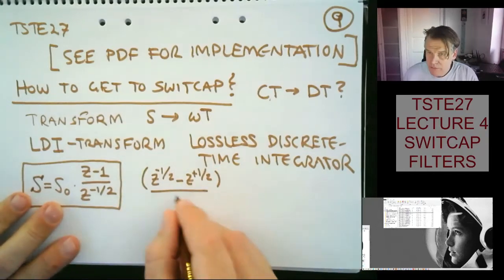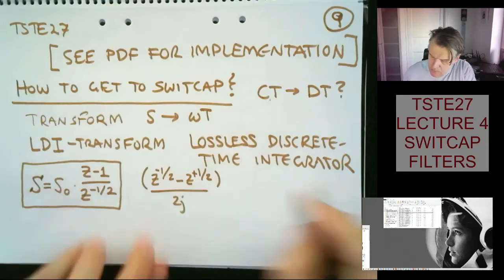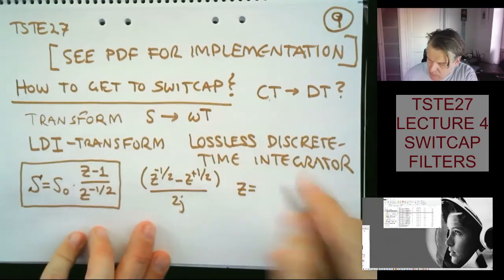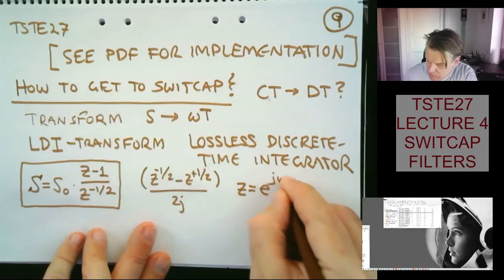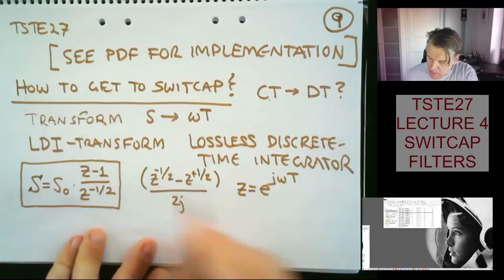I can divide with a factor 2j. I also know that Z is equal to e to the j omega t on the unit circle.